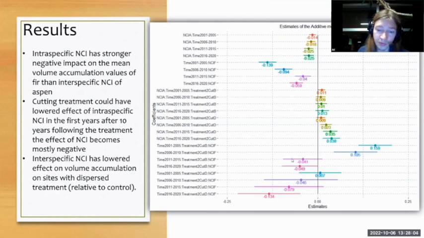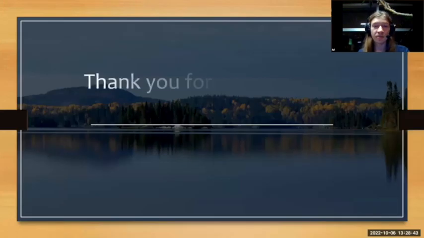For balsam fir, the picture is not really clear, but for the competition index of the opposite species, we can see that trees from the dispersed cutting treatment have a positive estimate. So it means that a stronger negative effect is found in control plots. So cutting reduces the effect of interspecific competition. And that's all.